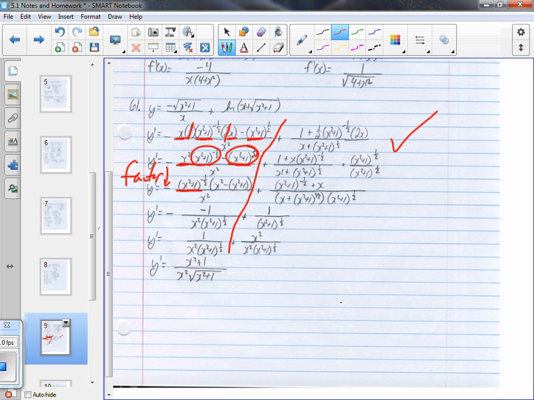So use the negative 1/2. And then look, it works out really nice after that. I know you guys don't really like this a whole lot, but it does. It works out really nice because that divided by itself is 1. So what am I left with in the parentheses? x squared times 1, which is x squared.